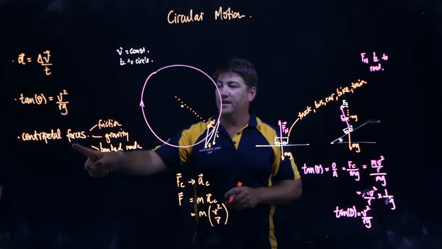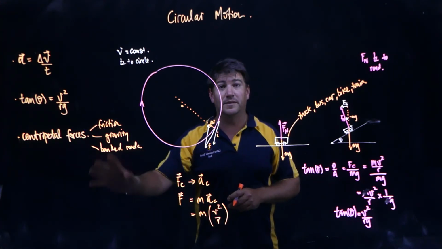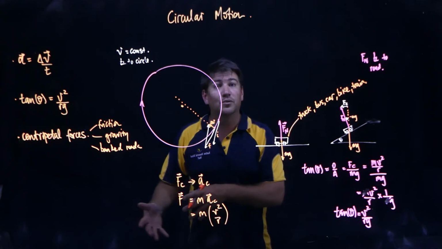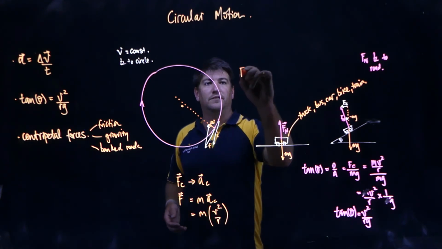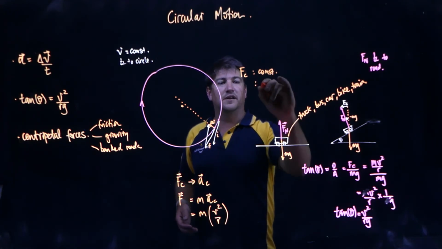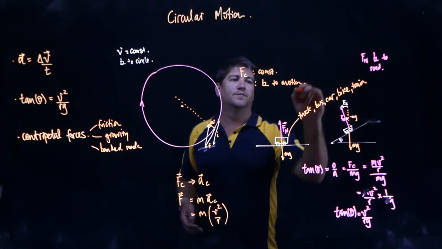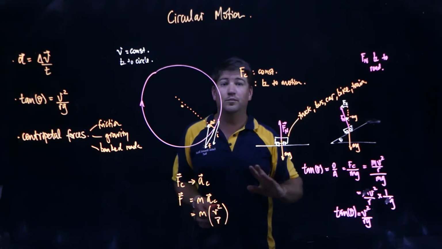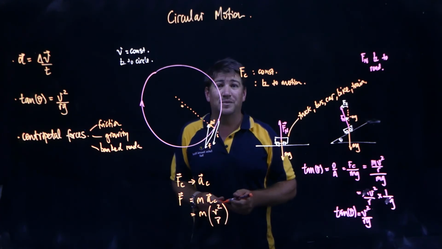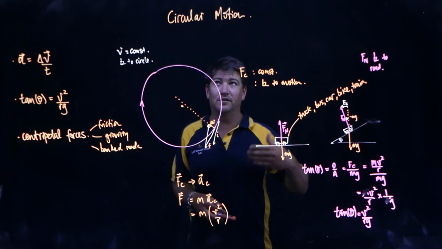We can have anything like friction or gravity or banked roads or magnetic fields that could cause that centrifugal force. The centrifugal force has to be constant in size and it has to be perpendicular to motion. Alright, if it's not those two things, it just won't work. It might go around a corner, but it's not going to be constant, uniform circular motion.